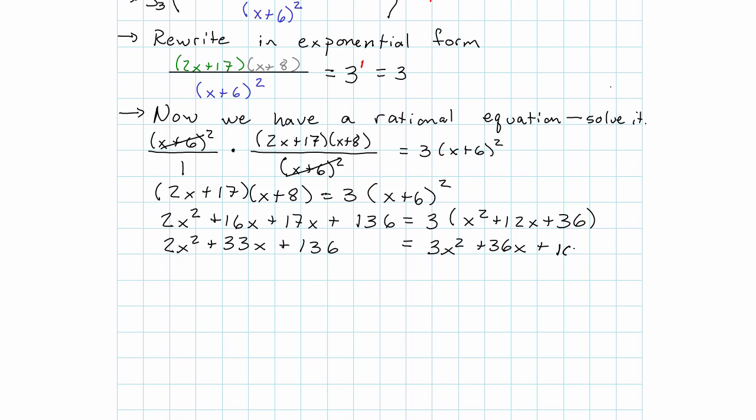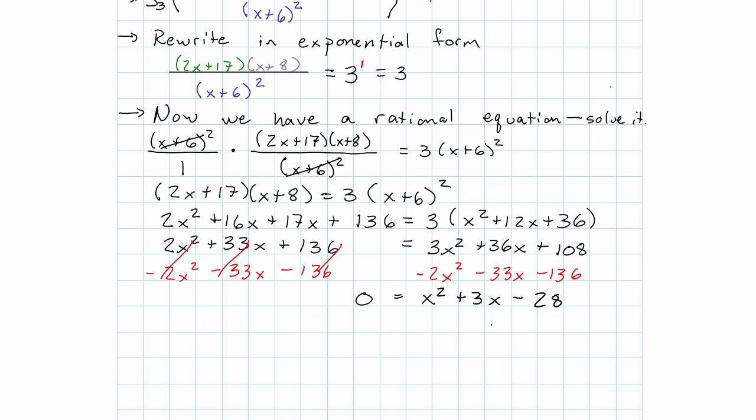That's 108. Okay, because I like my x squared term to be positive, I'm going to subtract everything from the left-hand side. And so we'll have 0 equals x squared plus 3x minus 28. Oh, that's not too bad.